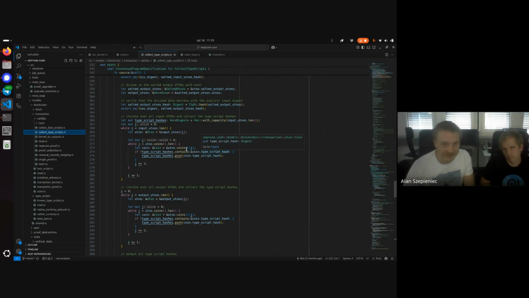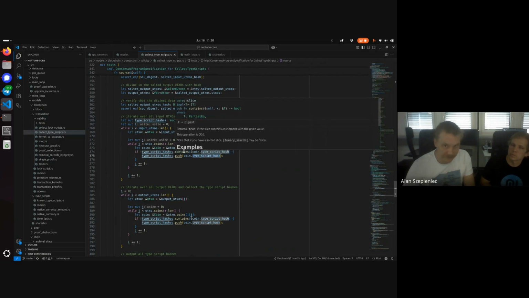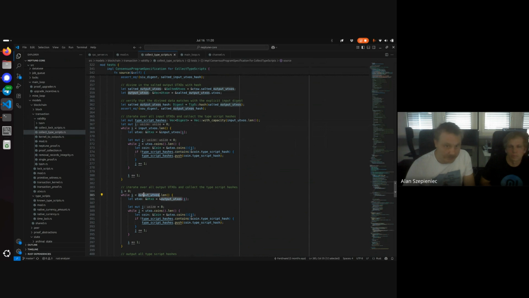And so it's easier to make that translation if it resembles C. Anyhow, the point is that we have a list of TypeScript hashes which we populate as we iterate over all the input UTXOs, and we push all observed TypeScript hashes after filtering out duplicates. And then we iterate over all the output UTXOs, and we push all observed TypeScript hashes after filtering out duplicates.